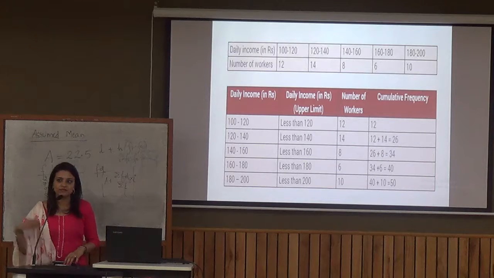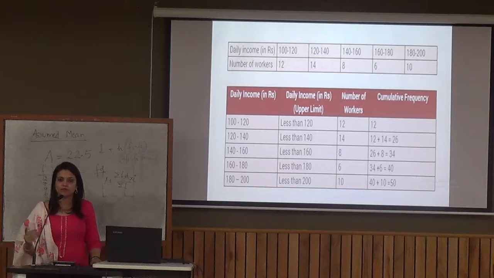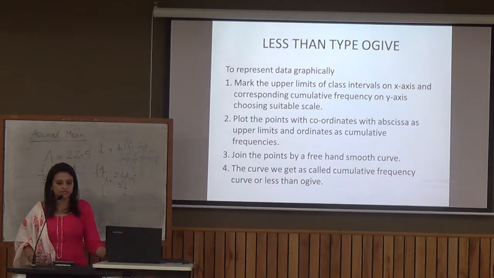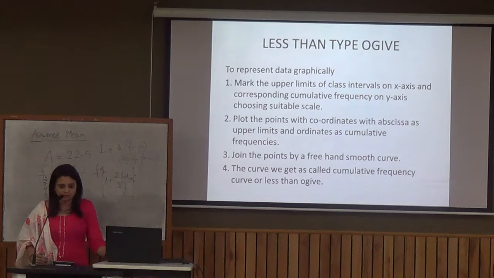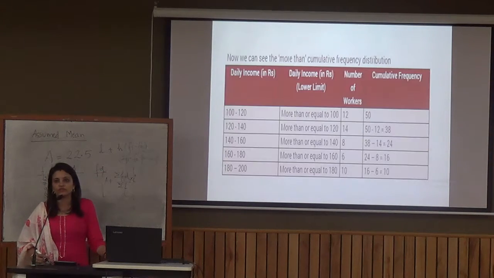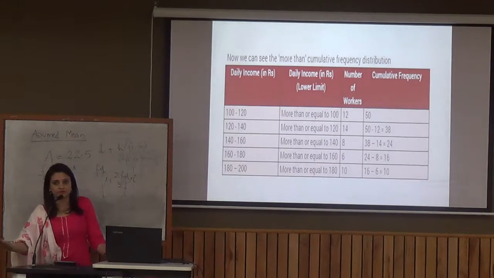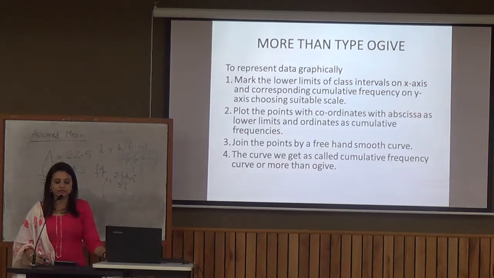So the less than cumulative frequency is always plotted against the upper limit in the class interval. These are called less than type ogive. A similar graph which is made for more than cumulative frequency is called a more than type ogive.